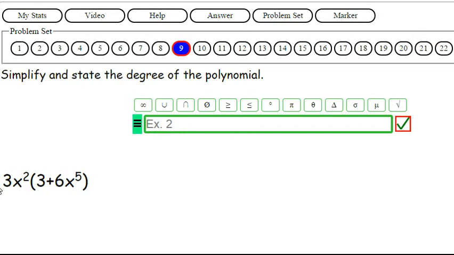Okay, so we have 3x squared times 3 plus 6x to the 5th. Let's go over to the whiteboard and write this down.